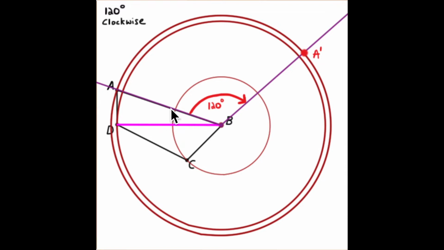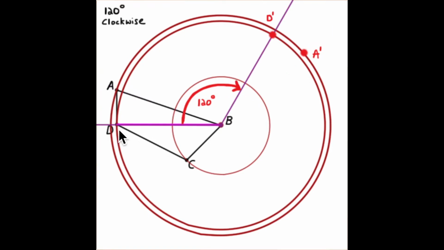So here's that angle with the vertex at point B because that is the center of rotation. And so A is going to move along its circle 120 degrees clockwise to A prime. Point D is going to move 120 degrees along its circle clockwise to D prime. And I'm using this diagonal BD to see that.